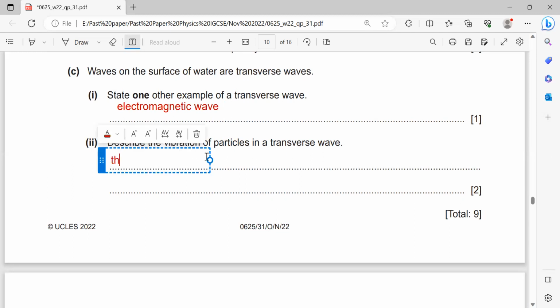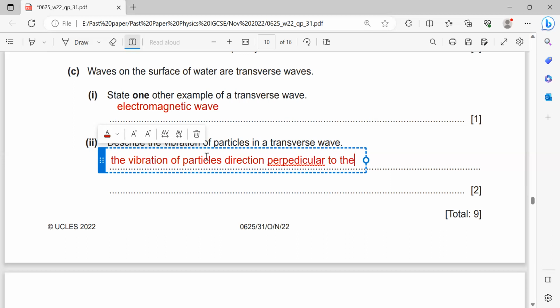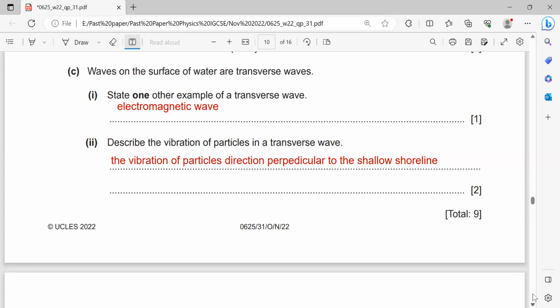The vibration of the particles' direction is perpendicular to the direction of the wave, the shoreline. That's the answer.